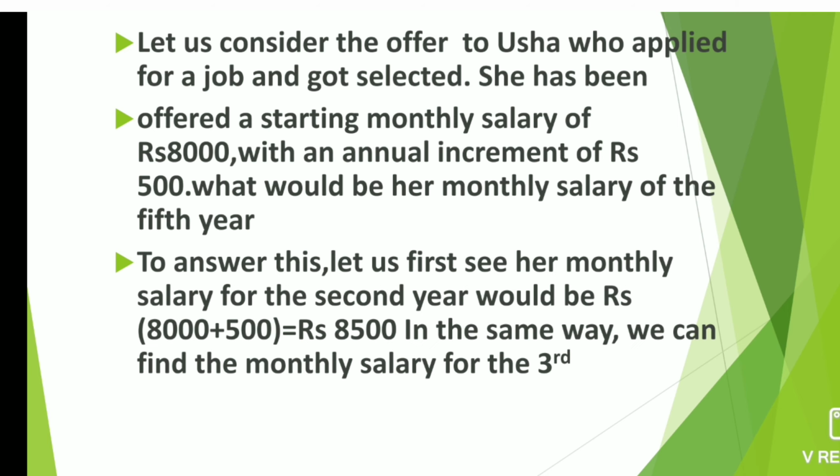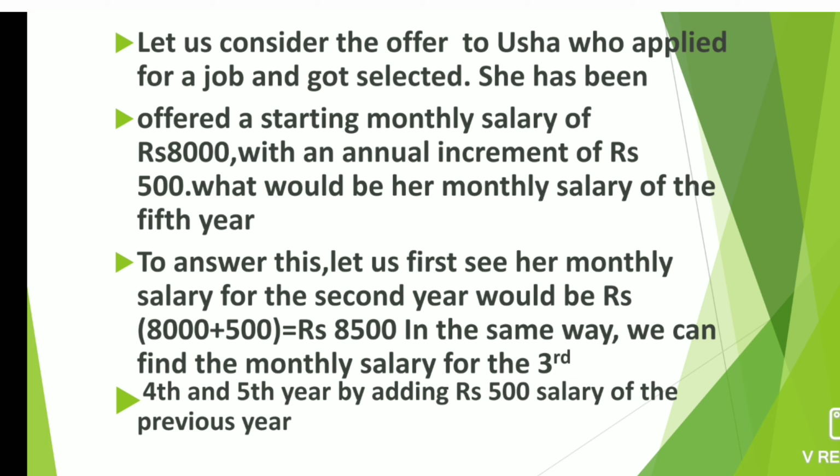To answer this, let us first see her monthly salary for the second year would be rupees 8,000 plus 500. That is equal to 8,500. In the same way, we can find the monthly salary for the third year, fourth year, and fifth year by adding 500 to the salary of the previous year.